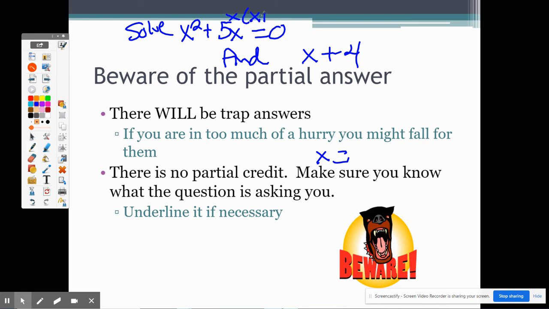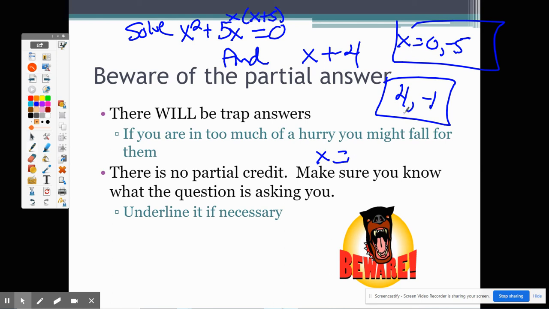X and x plus 5. What are the 2 answers? X equals 0 and negative 5. They want to know what x plus 4 is, though. They don't want to know what x is. This will be one of the choices. X plus 4, though, would have been 4 and negative 1, and that's the correct answer.